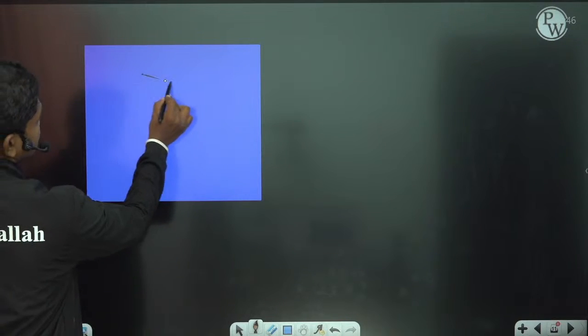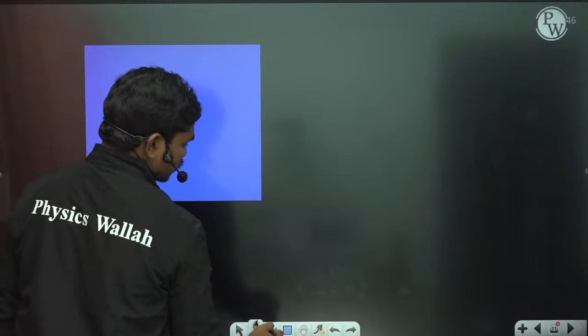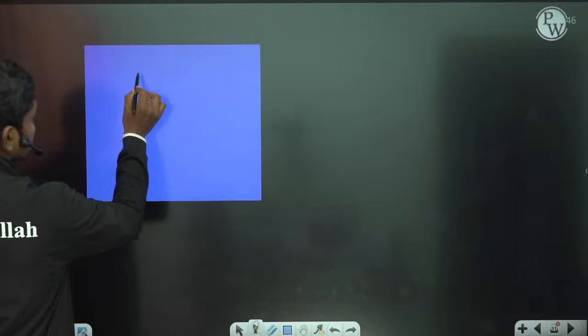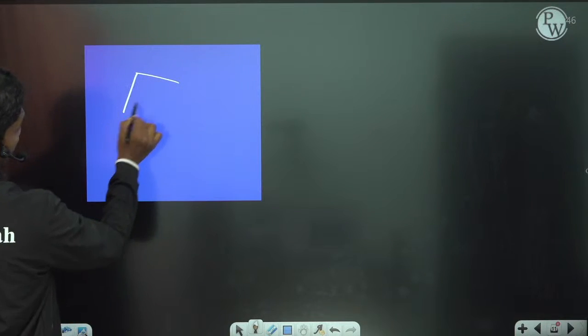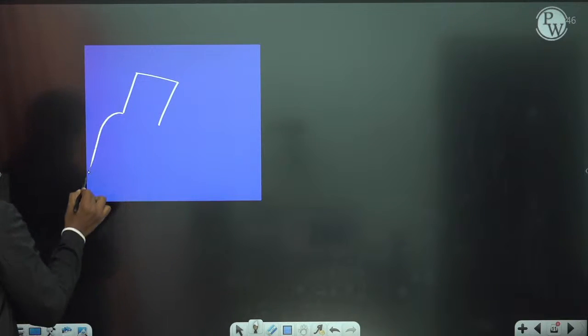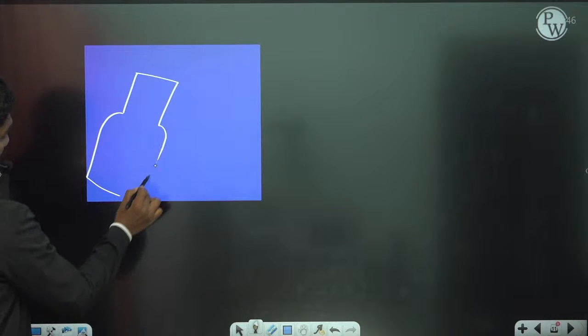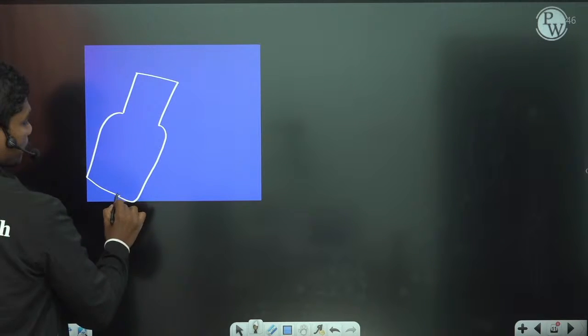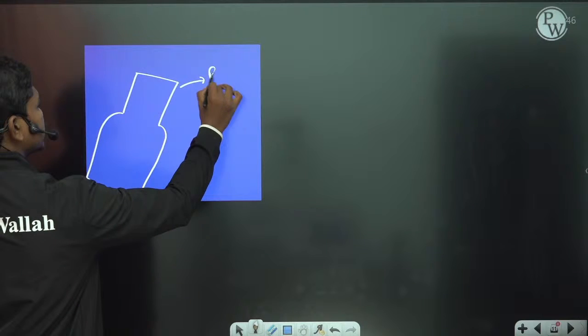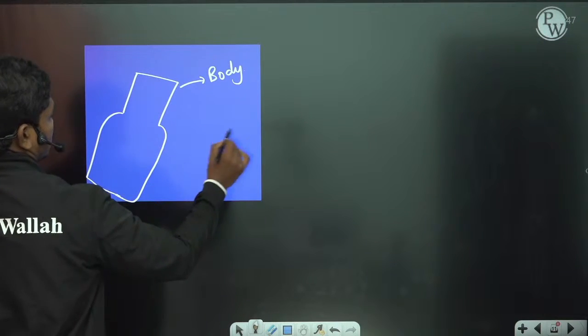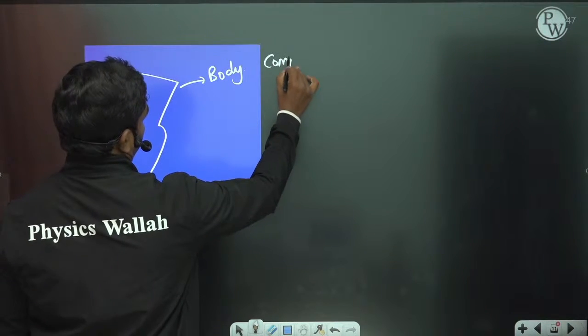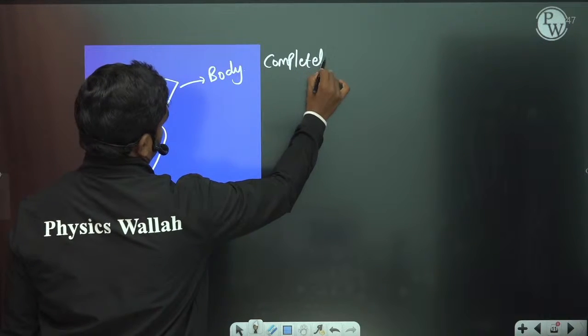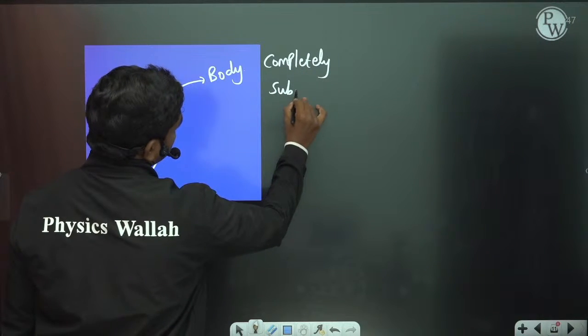So you have some body like this. This is the completely submerged case.